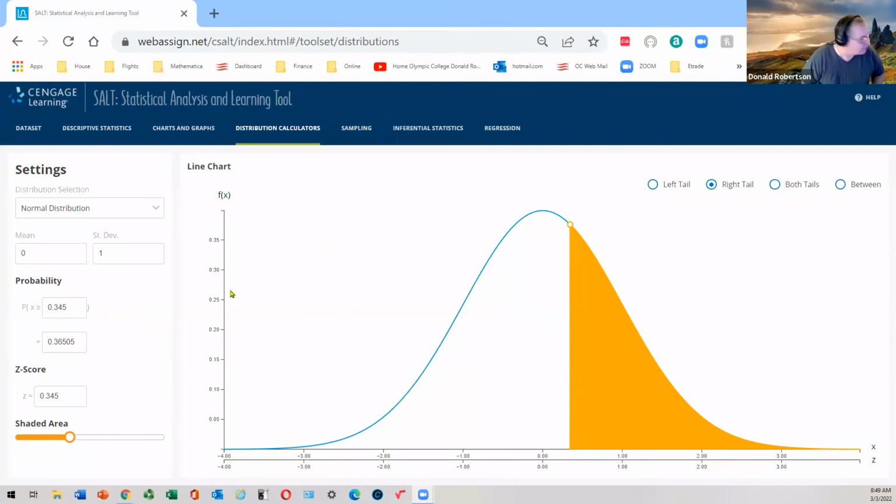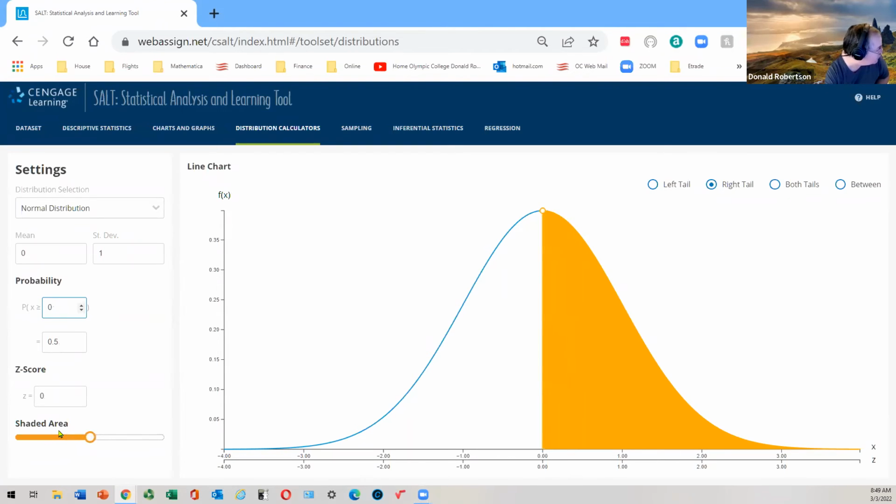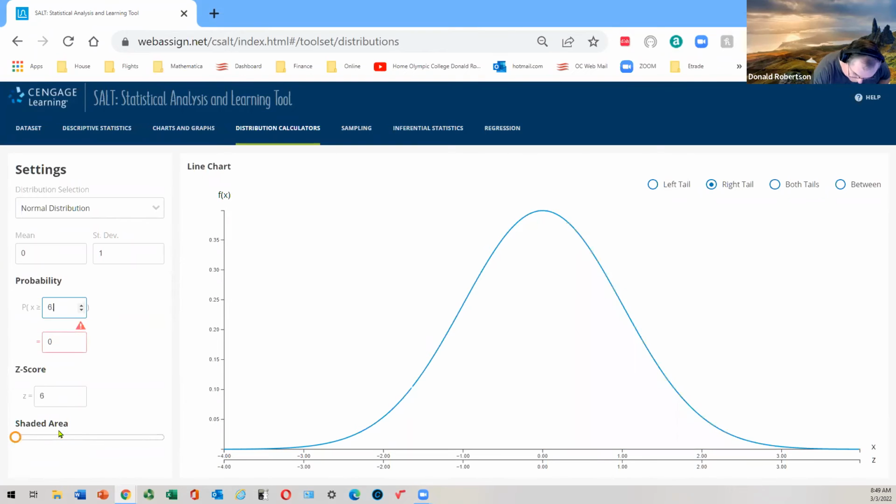Right, so hopefully you can see it's set up here, normal, and so on. We want a greater than, that's all set up. The number I want is 6.815. And do you see that little warning sign and a 0 here?